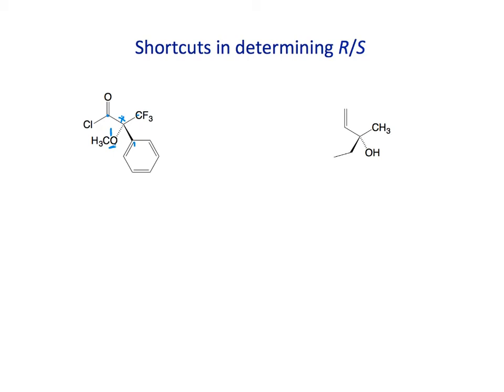All right, then we go to the next atom. All are carbons, so they're all tied. So then we look at what's attached to them. This carbon has a chlorine and an oxygen and an oxygen, because remember, we treat that double bond to the oxygen as being bonded to 2 oxygens. This one over here has fluorine, fluorine, fluorine.